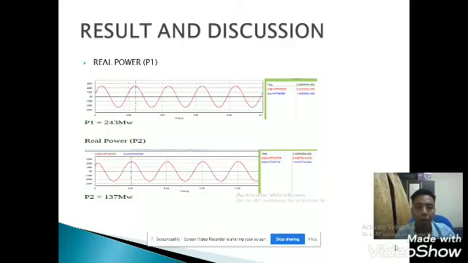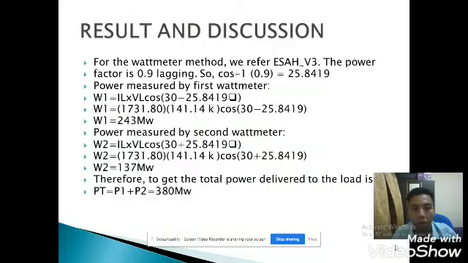For real power, we have two, real power 1 and real power 2. From the graph for real power 1, we get 243 megawatt. And for real power P2, we get 137 megawatt. For the wattmeter method, we refer to ESA underscore V3.